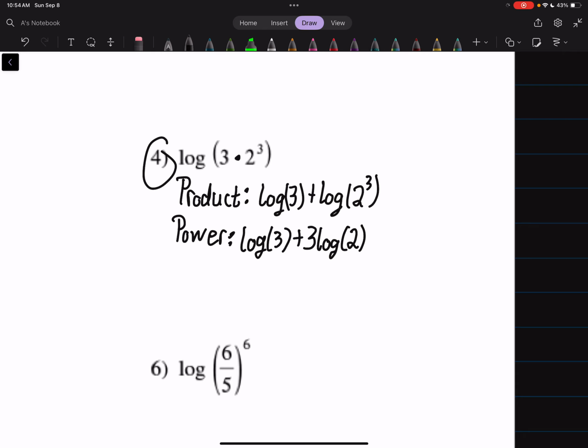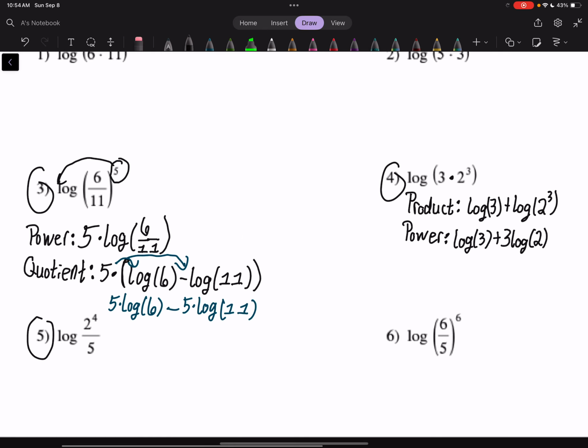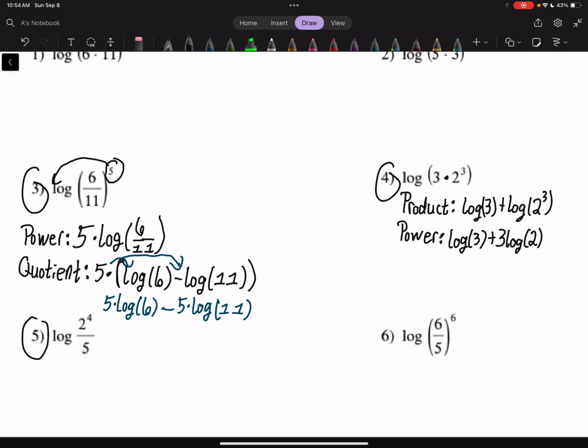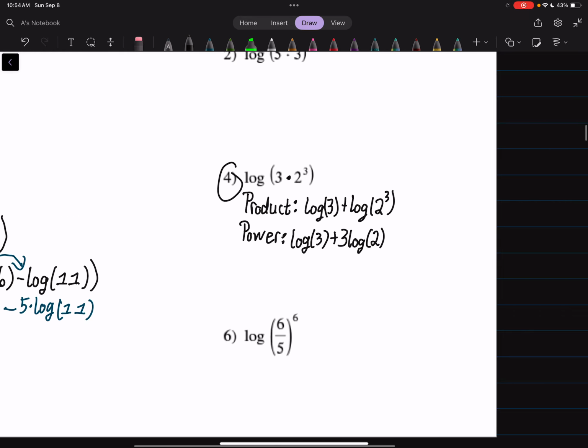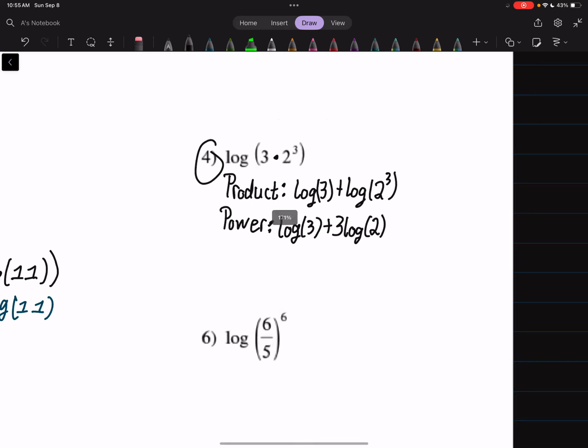I want you to notice what's different between 4 and 5. In 5, the power rule was first, which means my final expression needs to have a 5 on both logarithms. On number 4, only the 2 had the exponent on it, so just the log of 2 part is what had the 3 times. Okay?